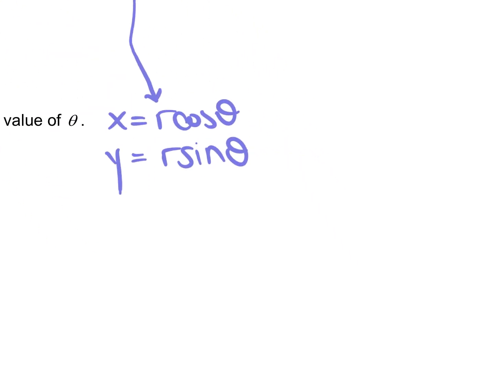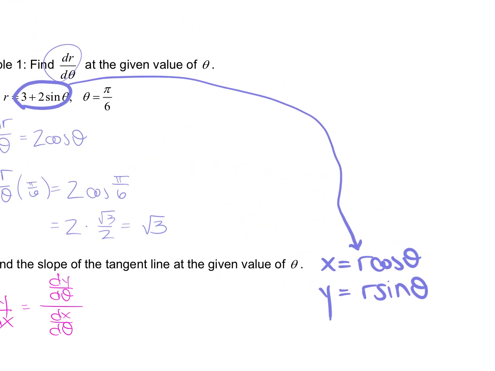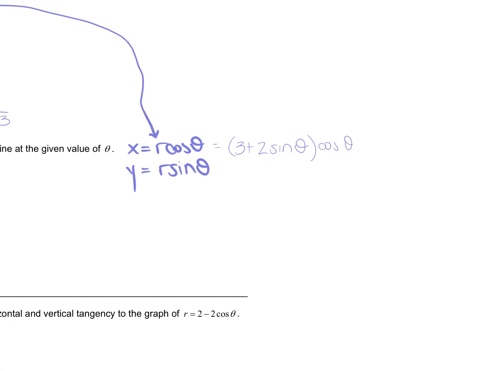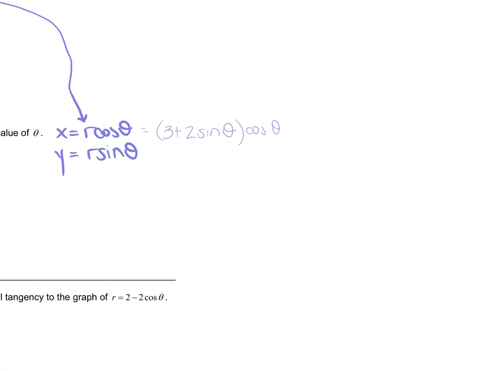So that's going to look like r is 3 plus 2 sine theta. So I'm going to take that and put that in place of the r. And I'm obviously going to clean this up a little bit before I take a derivative of it, hopefully. What should I do with that? Yeah, I'm going to distribute the cosine in.